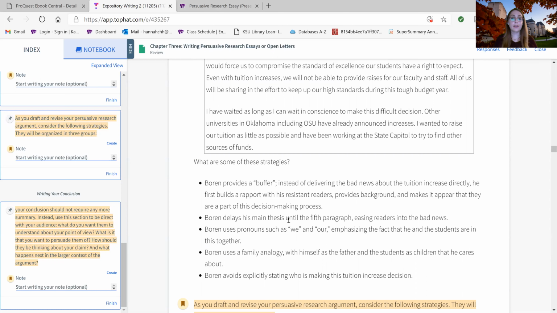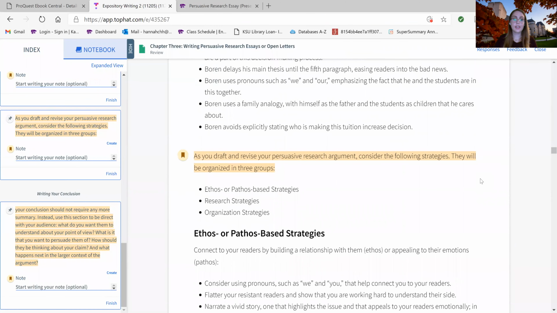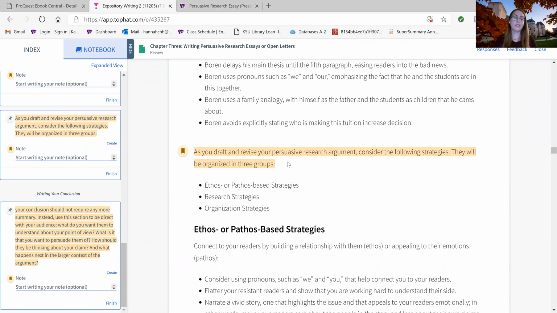They use pronouns such as "we" and "our," emphasizing that they and the resistant audience were in it together and approaching this issue together, with similar stances. And these are a summary of the strategies that the student uses.